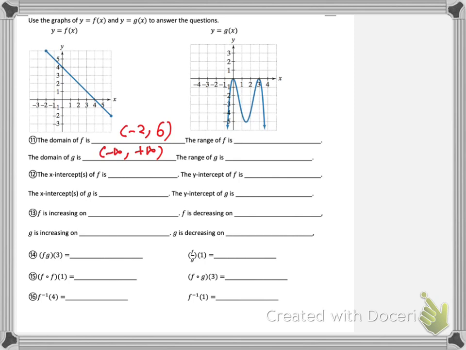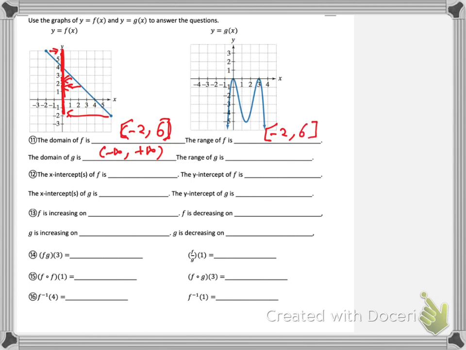Now for the range, we project everything to the y-axis. For the range of f, we push everything to the y-axis. You see the maximum is 6 and the minimum is -2 for f, so the range is -2 to 6, closed, but this is on the y-axis now.